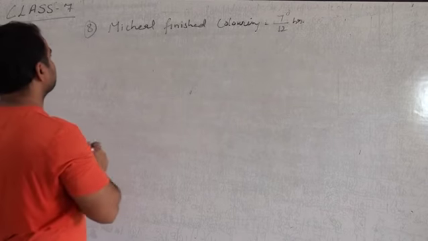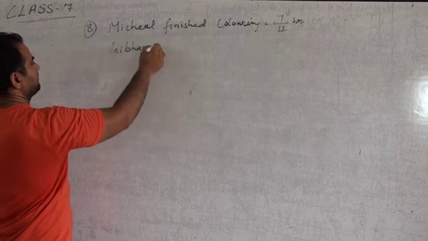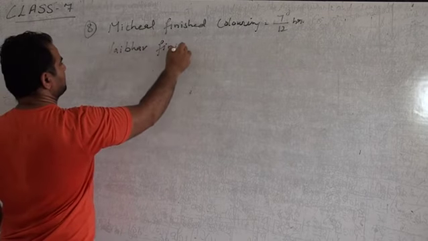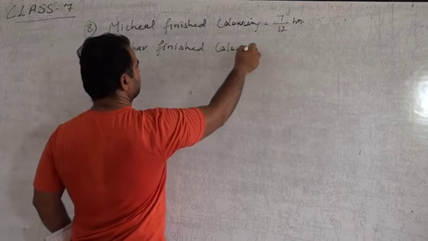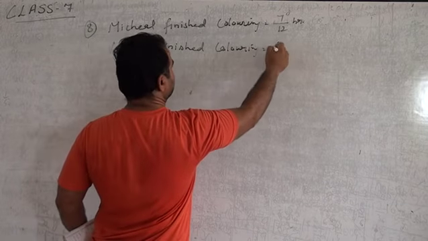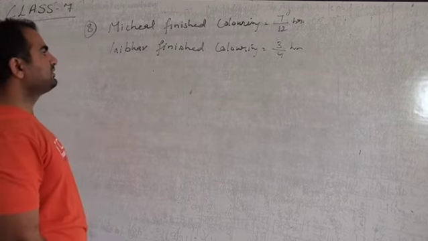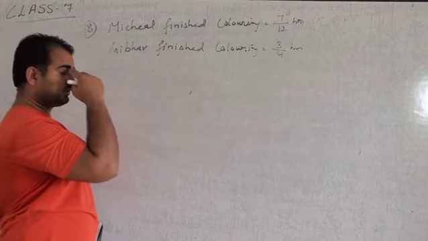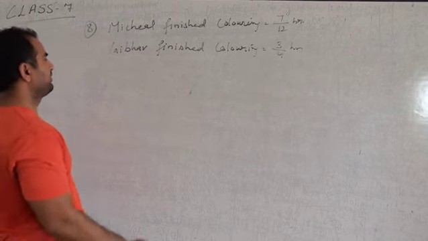Weber finished coloring in 3 by 4 hours. What we have to do is subtract both of these to know who takes more time.